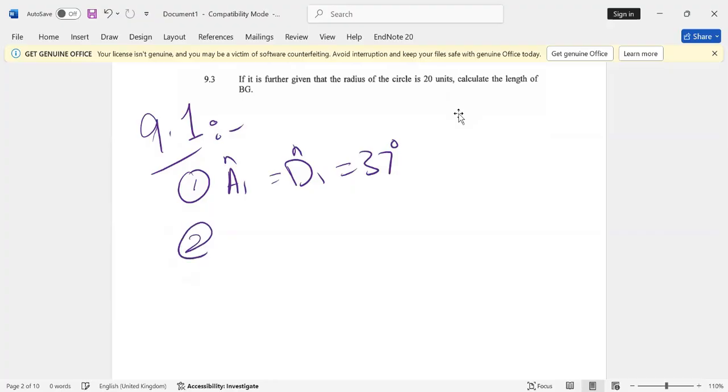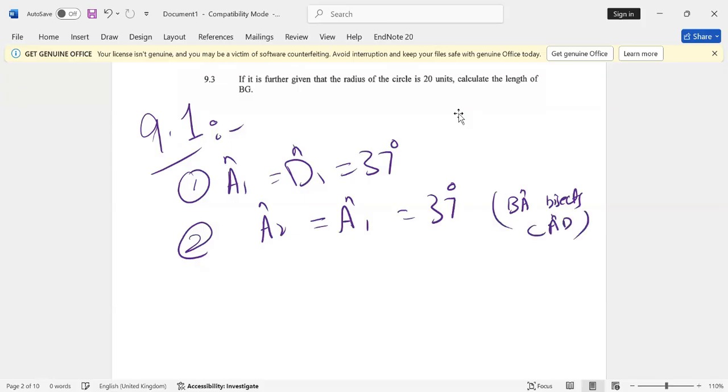Second point is that A2 equals A1, that is equal to 37 degrees. This is given: BA bisects CAD.